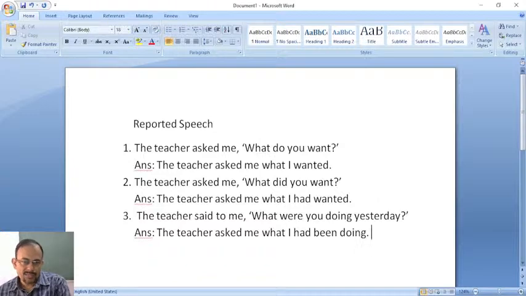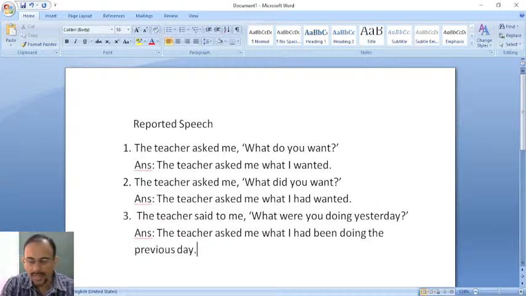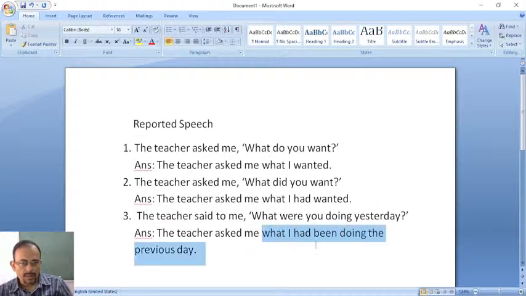So the teacher said to me, what were you doing yesterday? The teacher asked me what I had been doing the previous day. Right. So where you have past continuous, past continuous becomes past perfect continuous. So past perfect continuous is what I had been doing the previous day. It should not be what had I been doing. It should be what I had been doing.